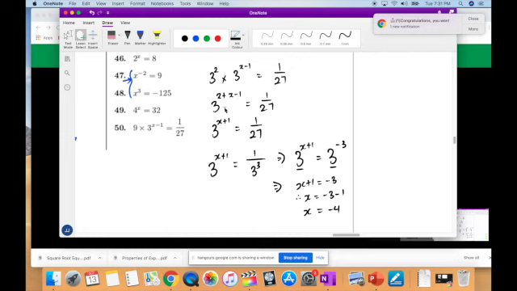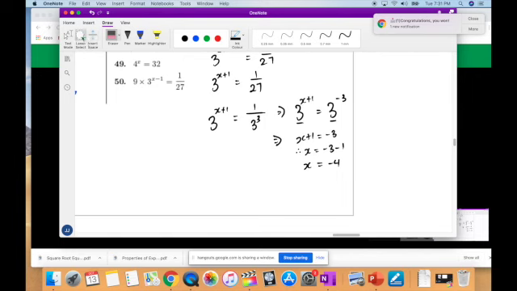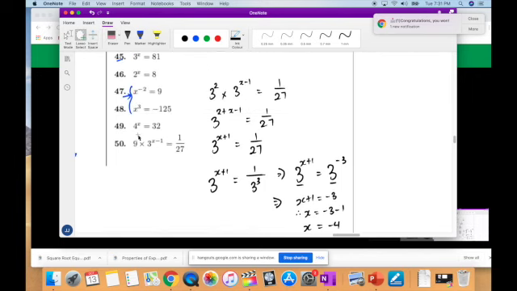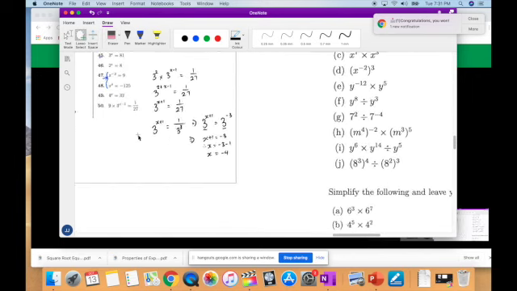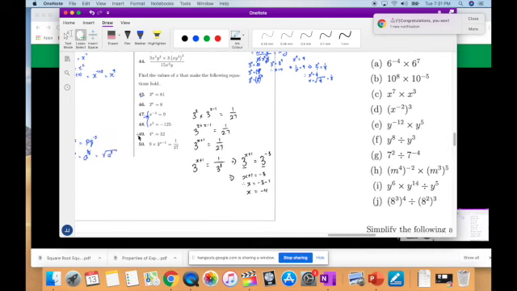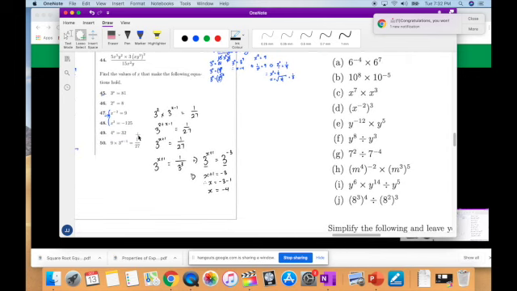Okay. Now, you could have thrown across the 9 and done the math on that side, and you would have still ended up with the same negative 4. Shazay, are you okay with this? Yes, sir, it's right.